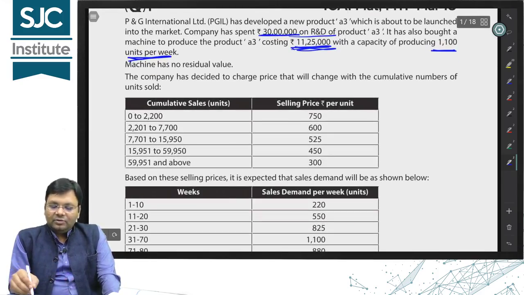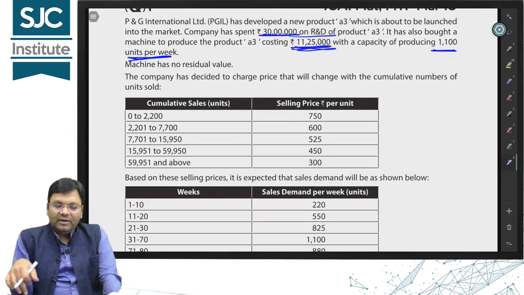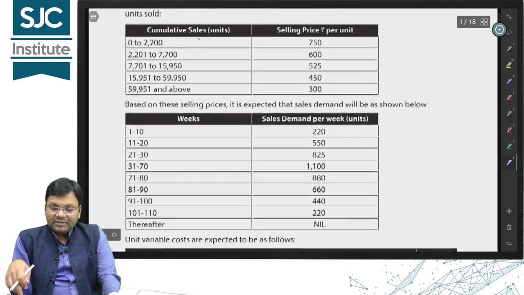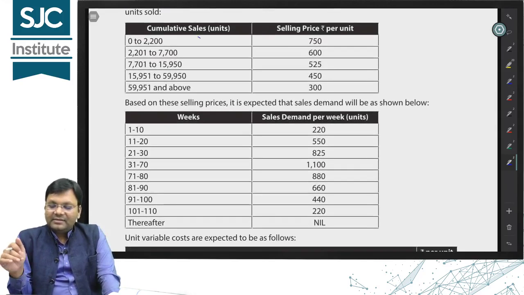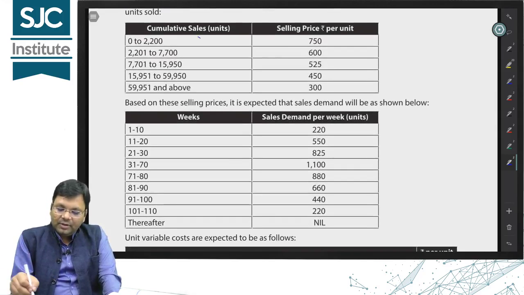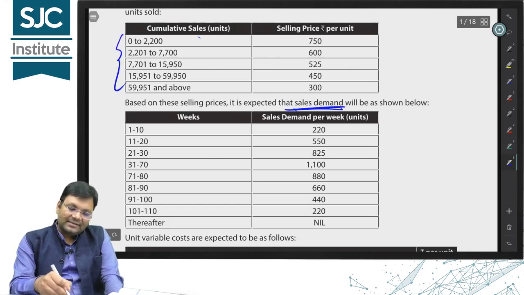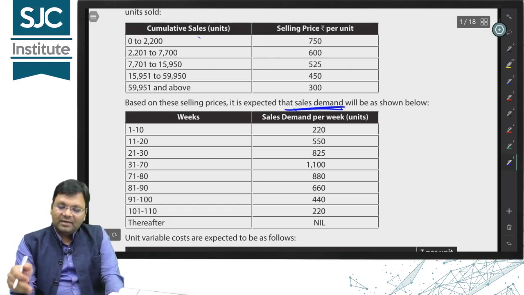The company has decided to charge a price that will change with the cumulative number of units sold. So if cumulative sales are within this range, this will be the price. Based on these prices, it is expected that sales demand will be as shown below. So this is your sales demand. Many times we mistake this as sales demand. This is just an indicator of price.